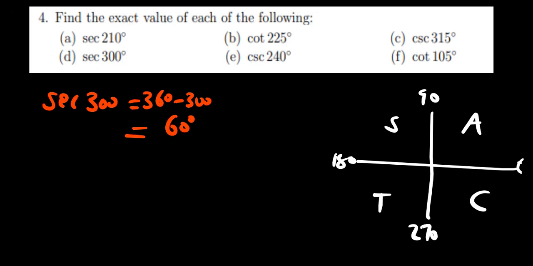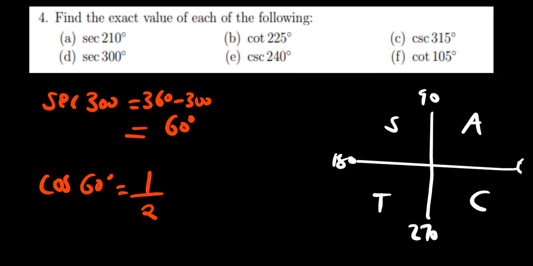Now sec, we said it goes together with cos. Now cos 60 degrees is just the same as 1 over 2 from your special angles. Now what is going to be the answer, therefore, to be the opposite of this?